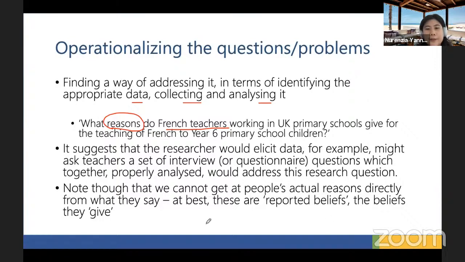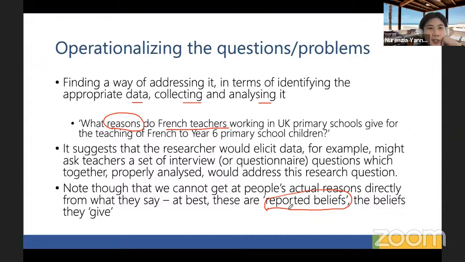Okay. And then the researcher must understand, because it's based on an interview, then it will be reported beliefs, ya. Karena kita menanyai guru-guru itu apa yang mereka percayai, gitu ya. So it's what they believe. It's not necessarily very objective, but it's based on what the teacher say.